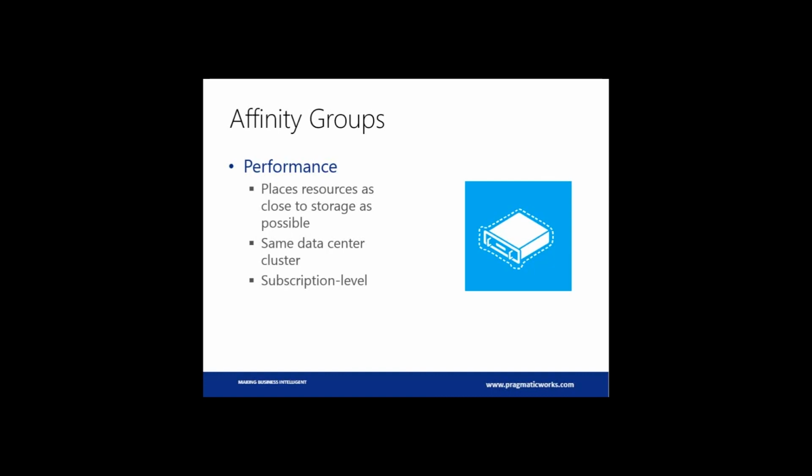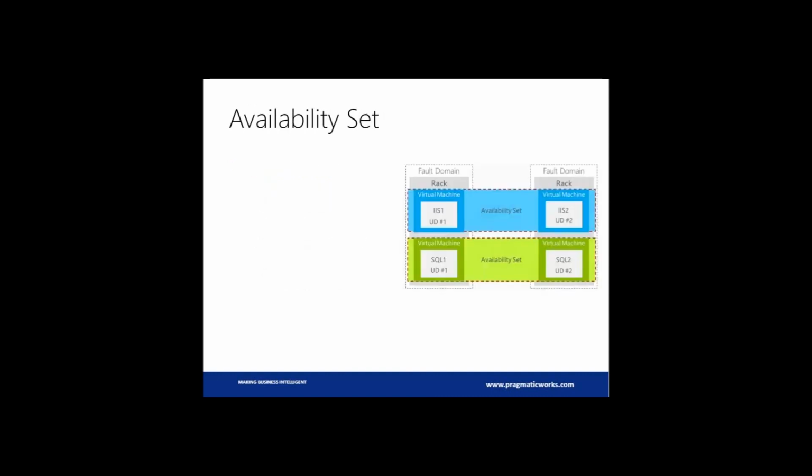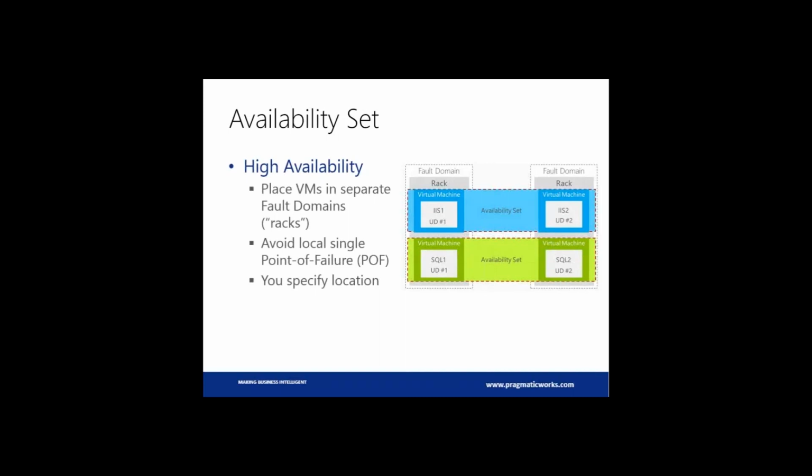All right. Next are availability sets. The previous option was for performance, but what if we're worried about high availability? Now, if I spin up a VM by itself and don't specify an availability set, what happens is my virtual machine gets spun up on a single host or physical machine somewhere in a data center.